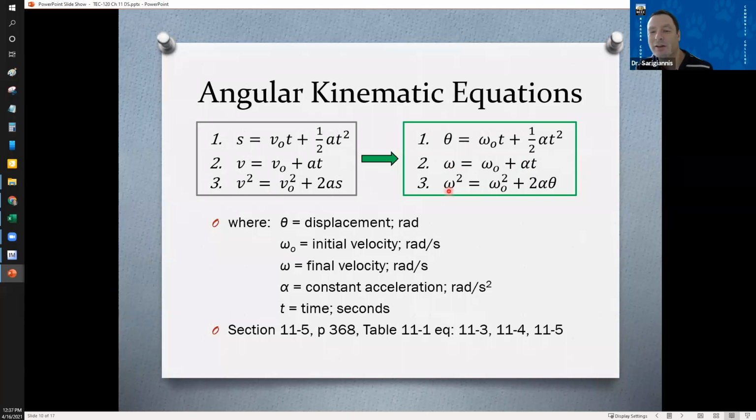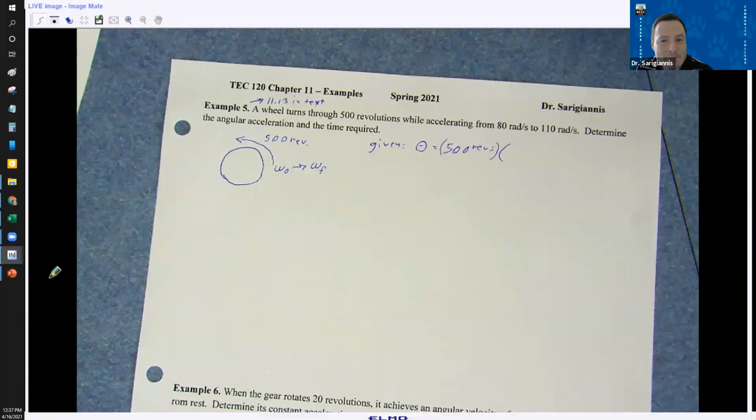Here I've got angular velocity, final and initial, and the angular acceleration and theta, the displacement. Time is not part of this equation. So this allows me to solve for angular acceleration without having to worry about the time, because we need to solve for both angular acceleration and time.